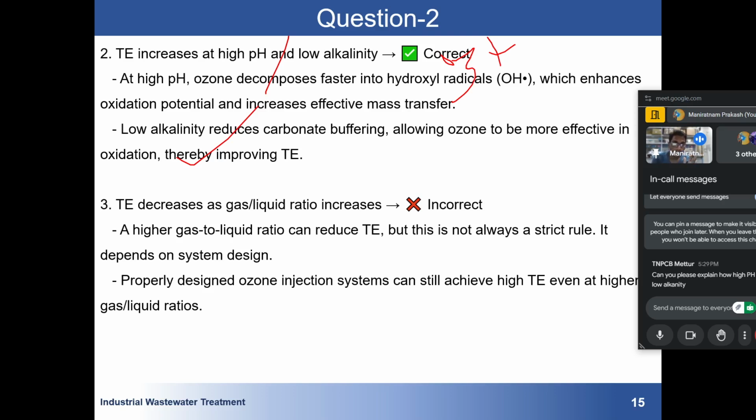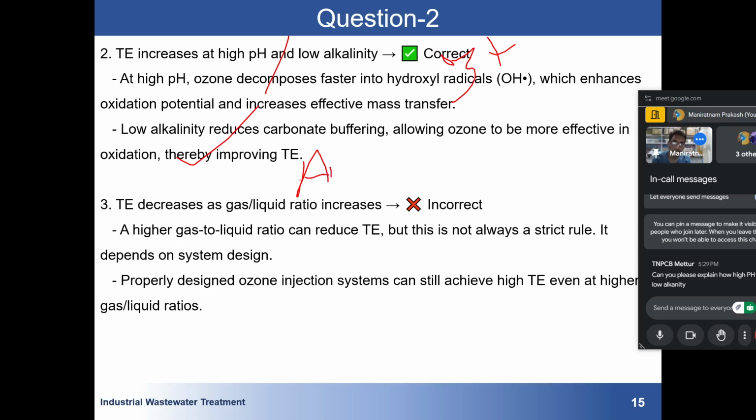But it's not like that we are seeing it. When we are talking about low alkalinity, we are talking mostly in terms of carbonate and bicarbonate. Here alkalinity represents only carbonate and bicarbonate, not OH minus.